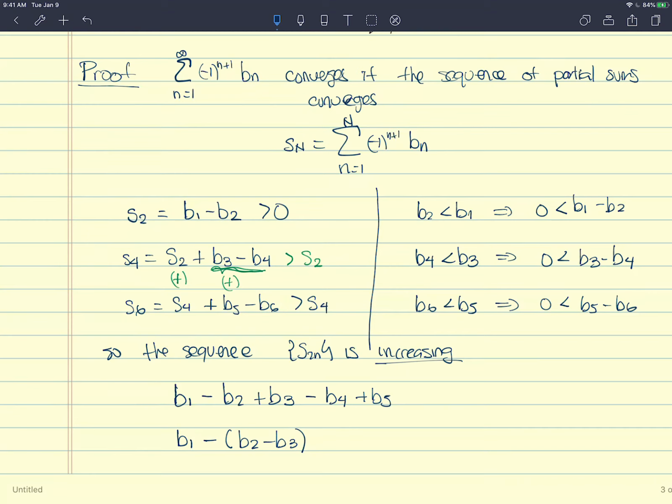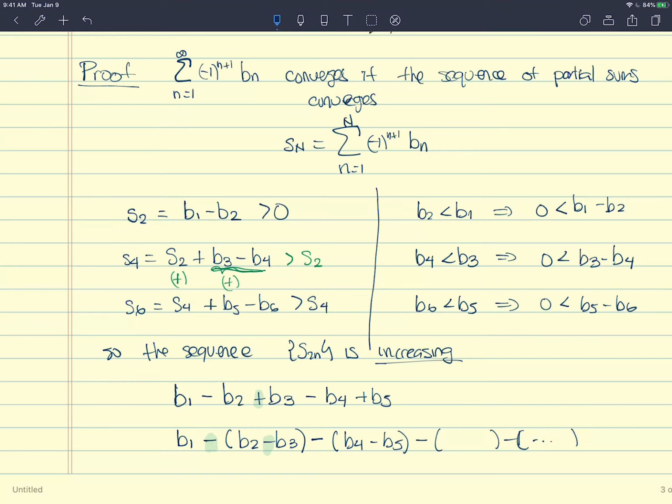So this thing that I did here, this negative with that negative becomes that positive, correct? And I can do the same thing here, minus B4 minus B5, and so on, minus, and I can keep going, right?